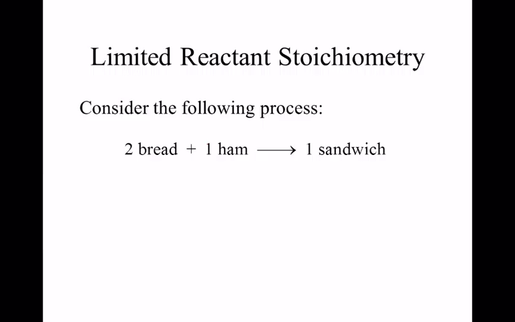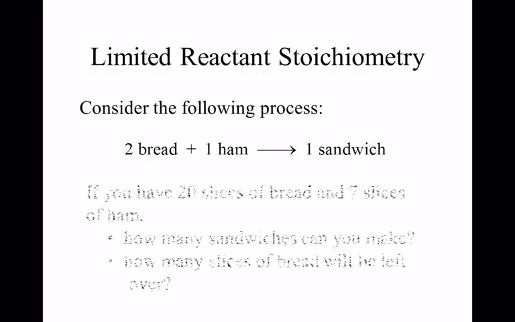So kind of along those lines, if you were making sandwiches and for every sandwich you put a piece of bread on top, a piece of bread on bottom, and a piece of ham in between them, we kind of have stoichiometric coefficients of 2, 1, and 1, respectively.